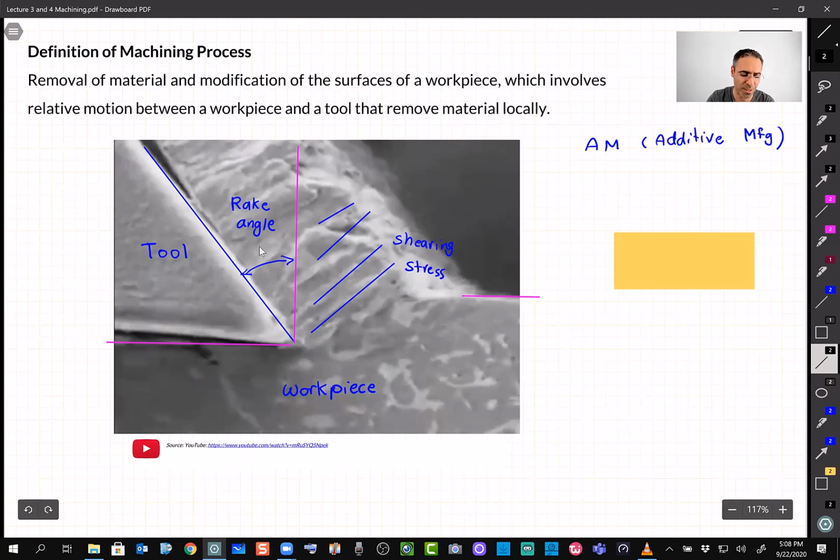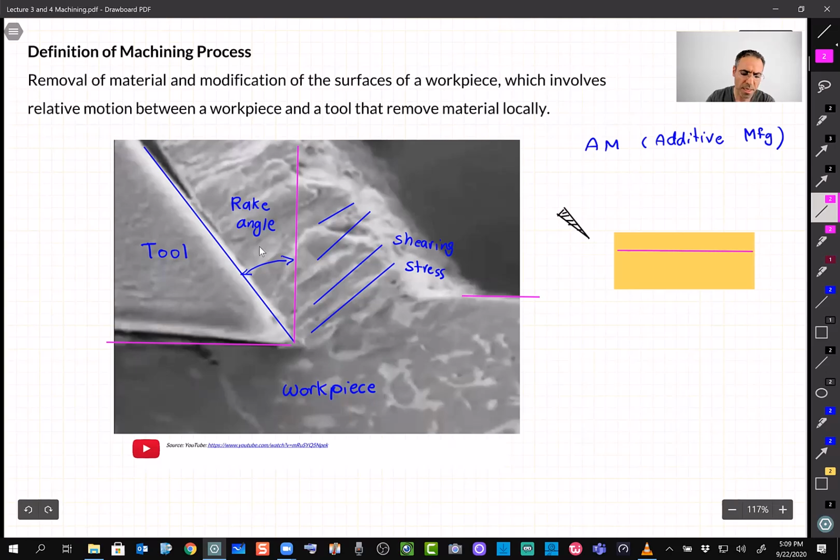Maybe after the class, or during the class, you can get a piece of butter and bread and make yourself a nice sandwich. But let's say we are using a sharp knife, cutting this butter along this line.